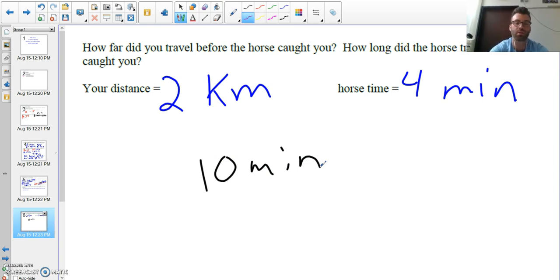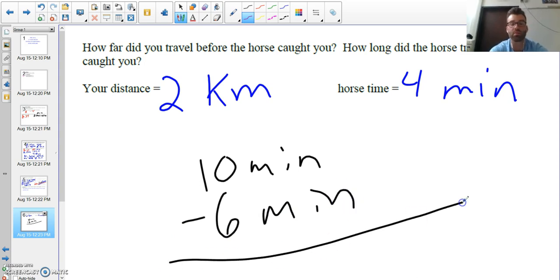The horse started running after 6 minutes, so I have to subtract the 6 minutes it took the horse to saddle up, so it only took the horse 4 minutes to catch me. So that's where that came from. Really, this horse time is once it started running.